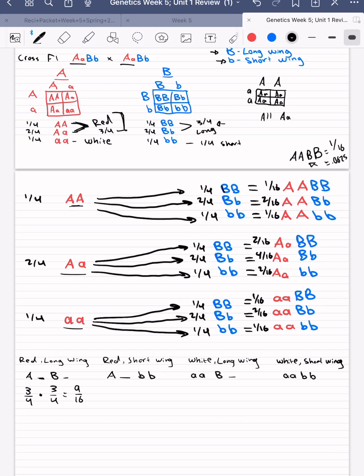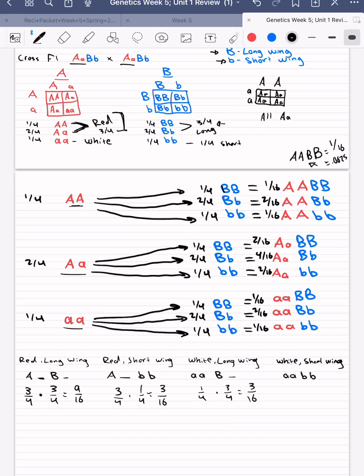To have the red phenotype with short wings, it is a 3 out of 4 ratio. Multiply that with the ratio for short wings, which is 1 out of 4. We get 3 out of 16. To have a white color with long wings, the ratio is 1 out of 4 times 3 out of 4, which is 3 out of 16.